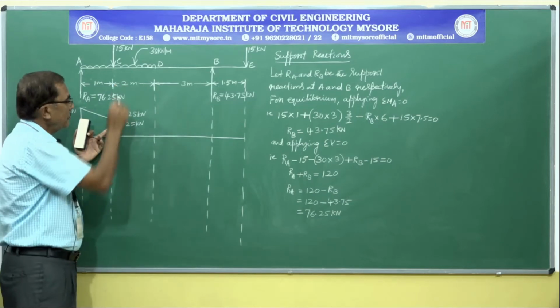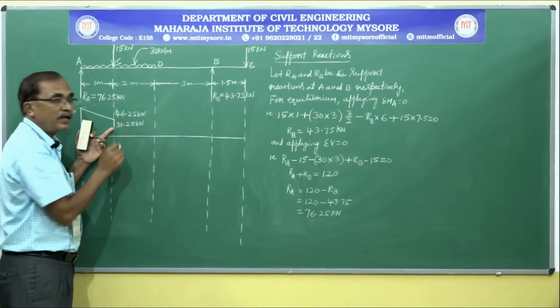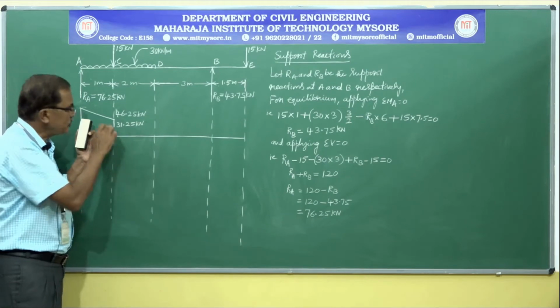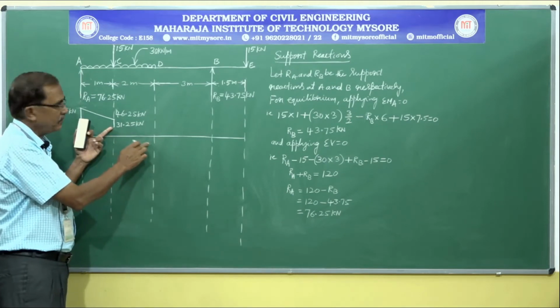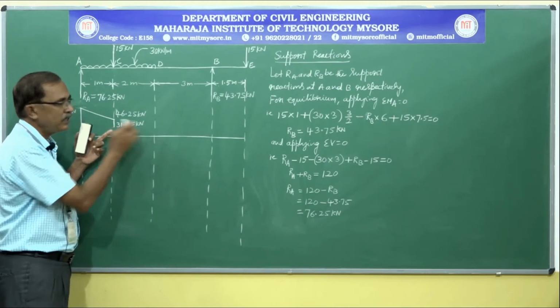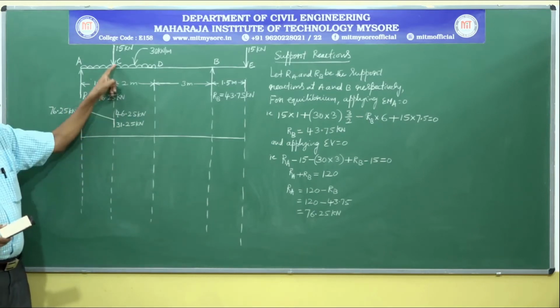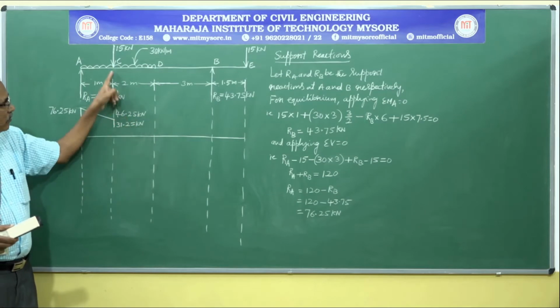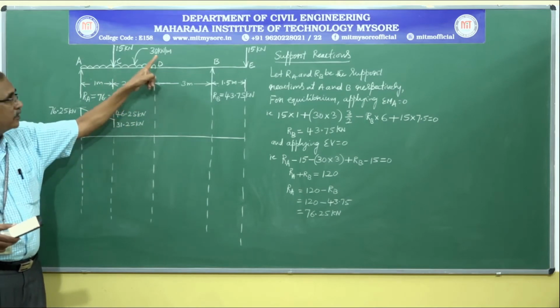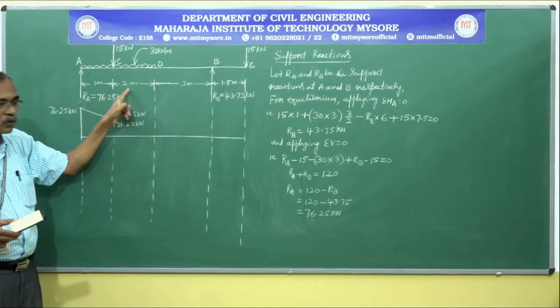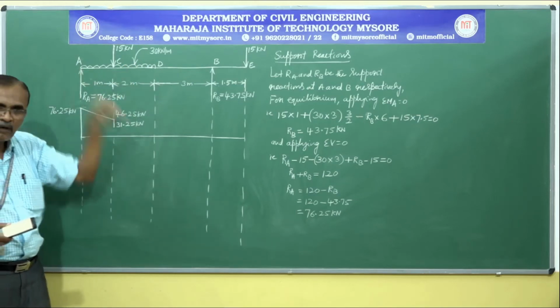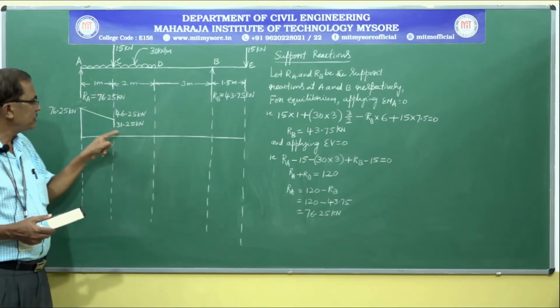Hence the shear force diagram will forcibly cross the reference line at an unknown point between C and D. Above the reference line there is only 31.25 kilonewton. Between C and D UDL is there. Convert this UDL to point load, 30 into 2, 60 kilonewton. We have to come down linearly by 60 kilonewton.